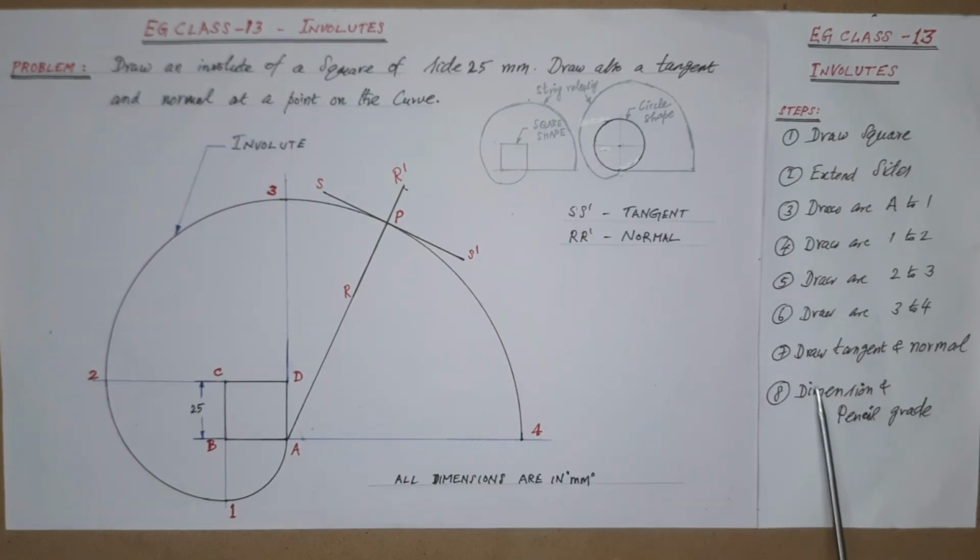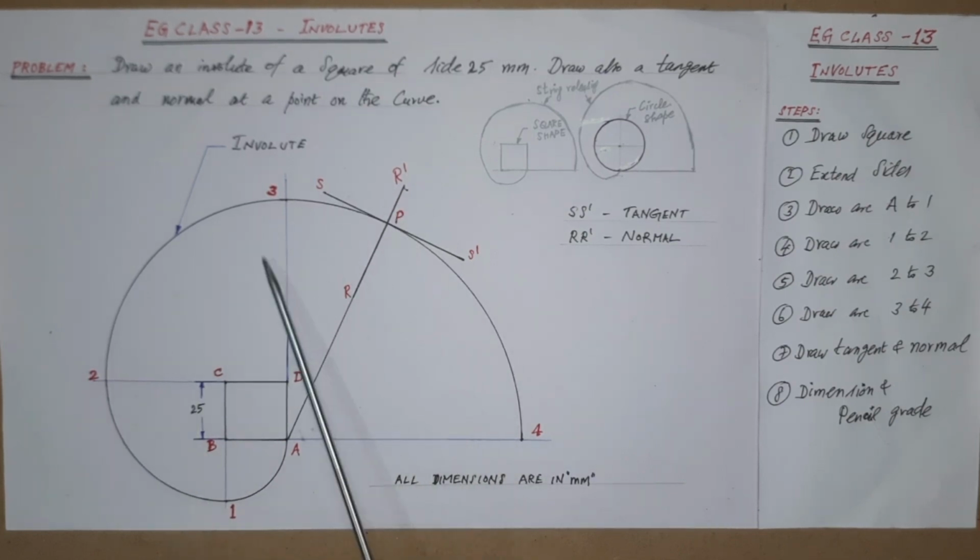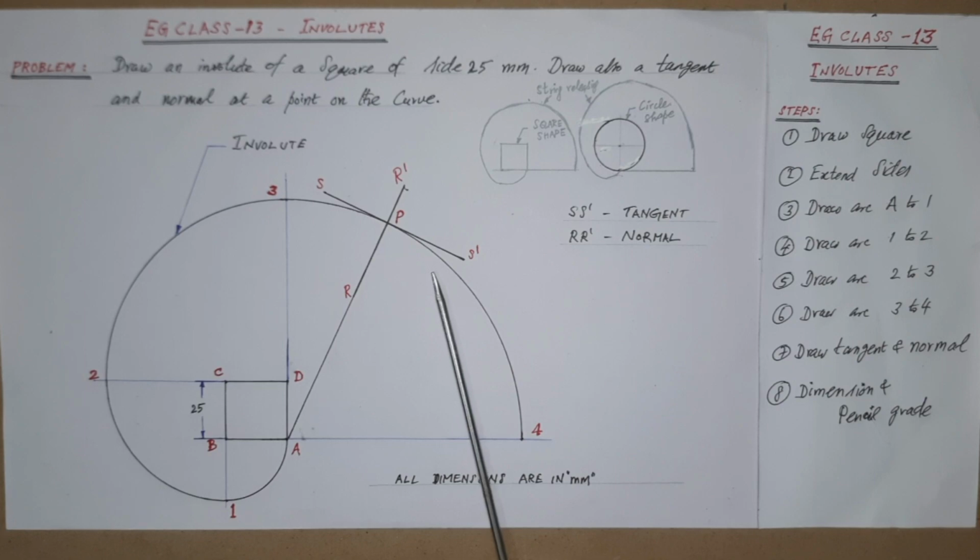Next, as per step 8, dimension and pencil grade. Now, as usual, do not forget the pencil usage: HB for giving dark lines to the involute, tangent and normal, etc. For the square, a medium thick pencil grade or dark may be used with the HB pencil.